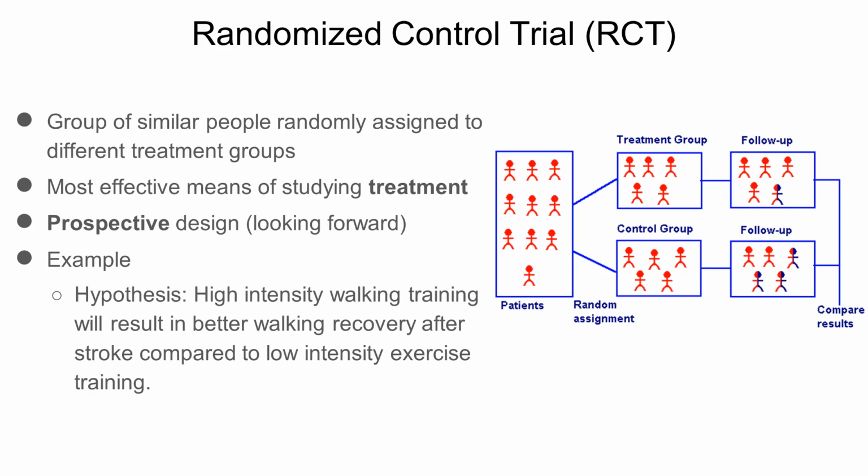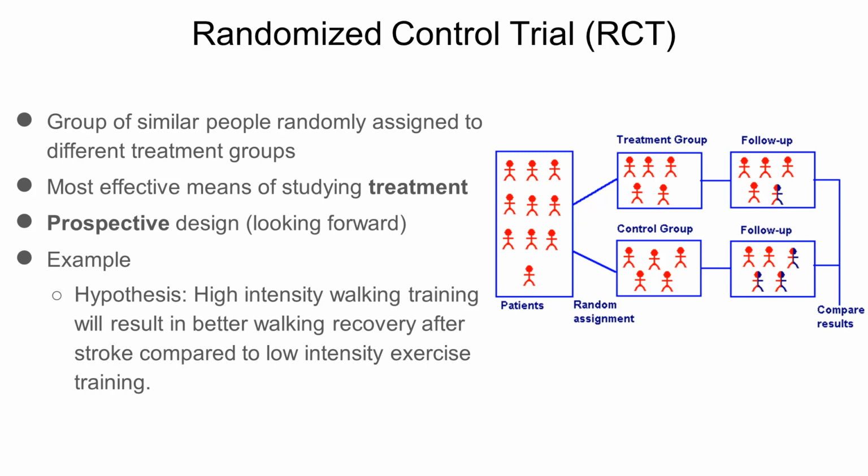Think about this hypothesis if you look at the picture on the right-hand side of the slide. You start out with a group of patients, all of whom have had a stroke. These individual patients are randomized into a treatment group. The treatment group will receive the high-intensity walking training, and the control group will receive the low-intensity walking training.